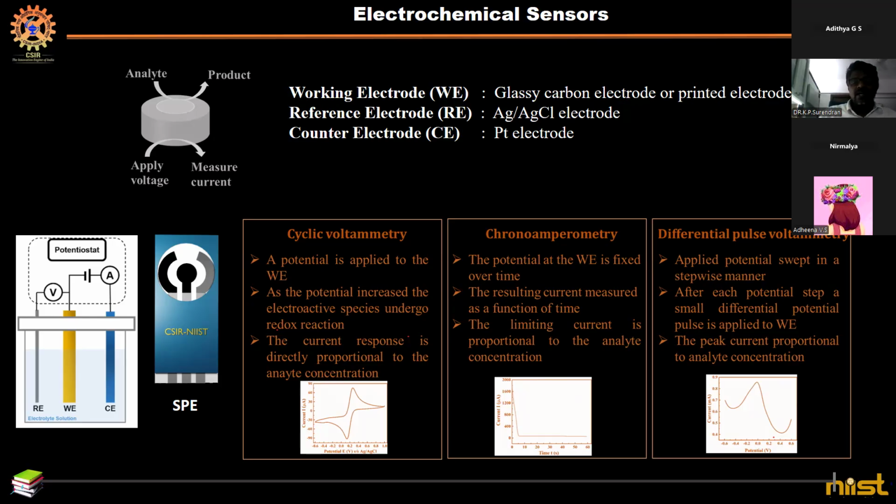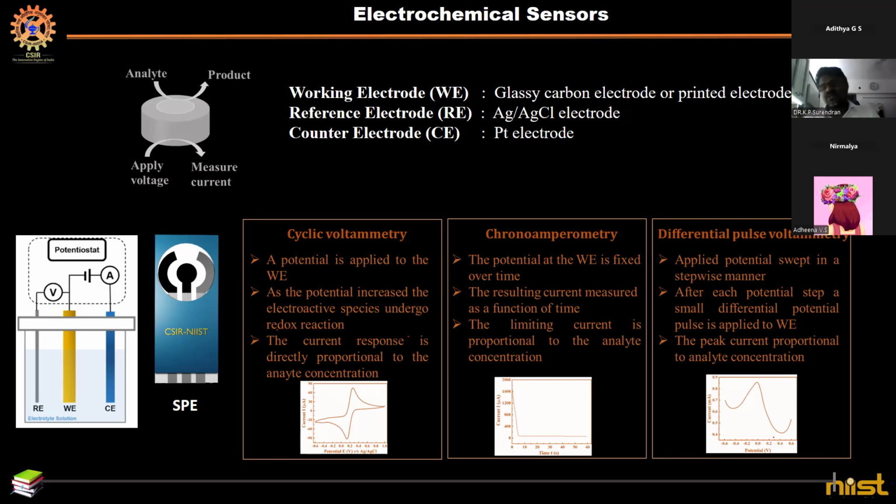Chronoamperometry means we get the accurate voltage requirement from the cyclic voltammetry, and then we feed a square wave into the system, into that analyte, into that sensor. The potential of the working electrode is fixed, and the resulting current is measured as a function of time.